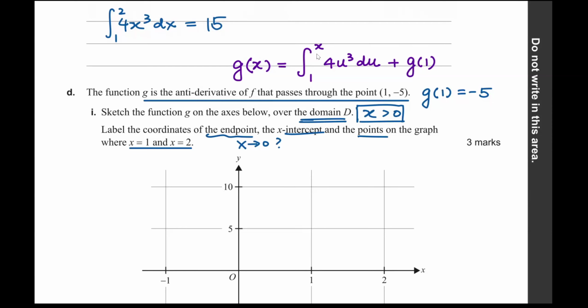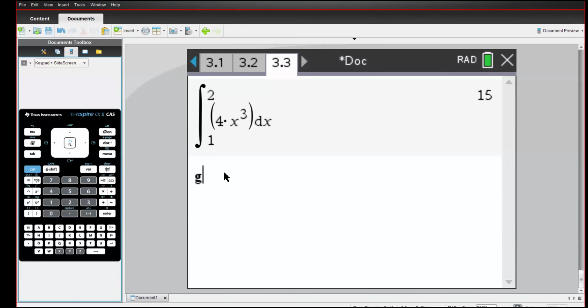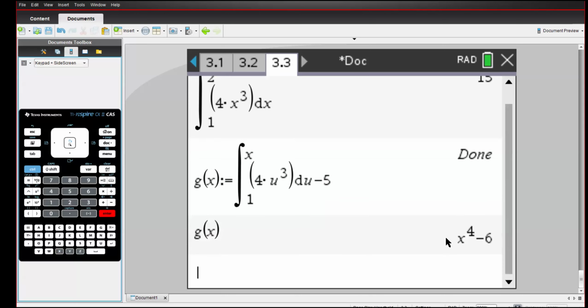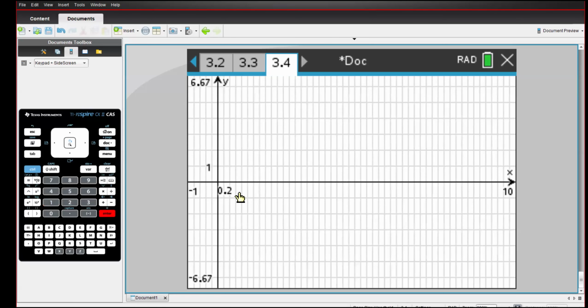So I'll calculate this definite integral plus -5 and get a rule and then sketch this function. 1 to x, 4u to the power 3 du minus 5. And the g of x is just x to the power 4 minus 6. Then if you calculate everything, well, in this case, I may well get a minus 1 here.